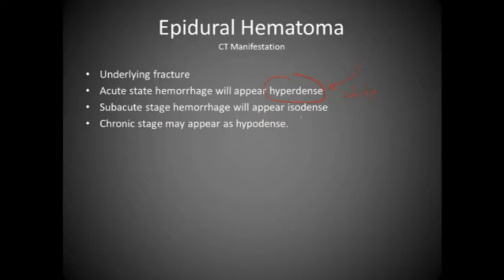A subacute stage of hemorrhage will appear isodense, and so it's going to appear the same as brain. And then a chronic stage, which is several months or years, is going to appear as black. And so just simply by judging what it looks like will kind of give us an indication of what stage we're in.